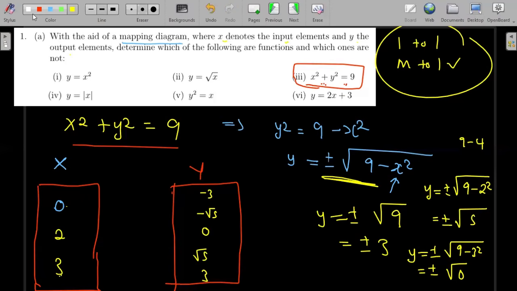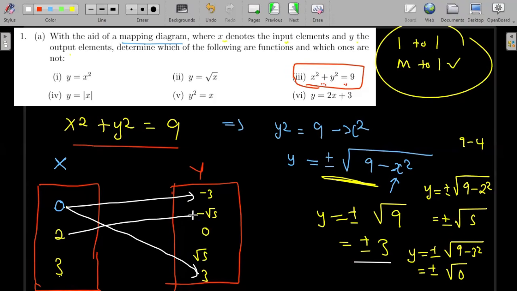Then I can do my mapping now. This 0 maps to two things. When my x is 0, remember we found positive 3 or minus 3. If my x is 2, we said we are going to find plus root 5 or minus root 5, so I'll go to minus root 5 and positive root 5.